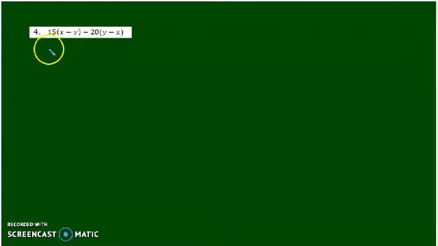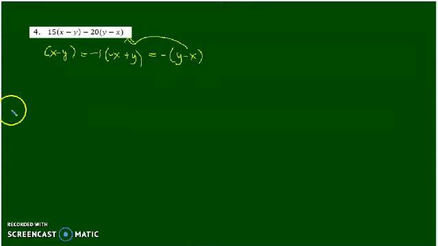Okay, so factor out negative 1, so x minus y. Factor out negative 1 and then divide. So x divided by negative 1 is negative x. Negative y divided by negative 1 is positive y. Or that one can be expressed as negative 1 times the quantity of y minus x, which is similar to this.